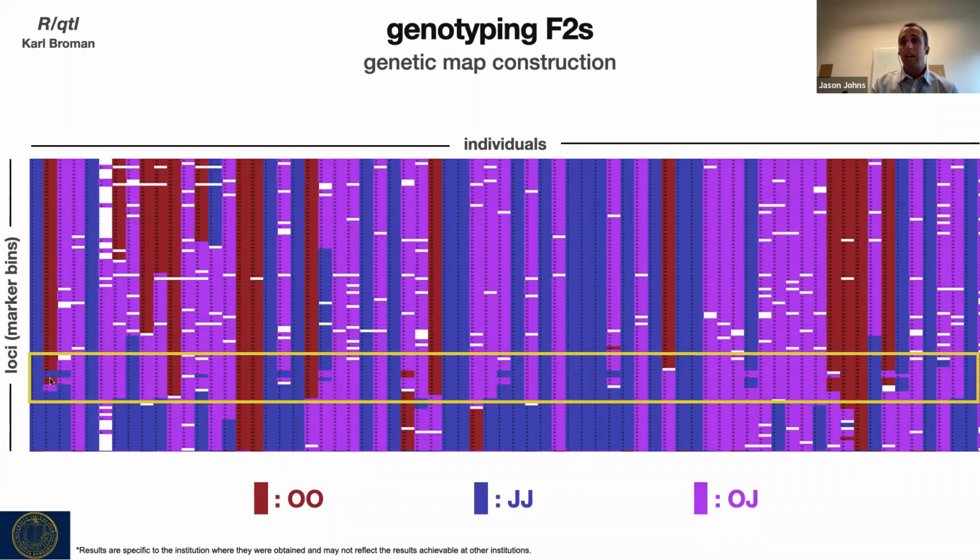Not to mention, as we look across individuals, we see this similar pattern. So what is more likely than this just being a freak act of nature, that there happened to be all this crazy recombination happening across all of these individuals in the same place? What's more likely is that our genetic map and physical map markers are just off.